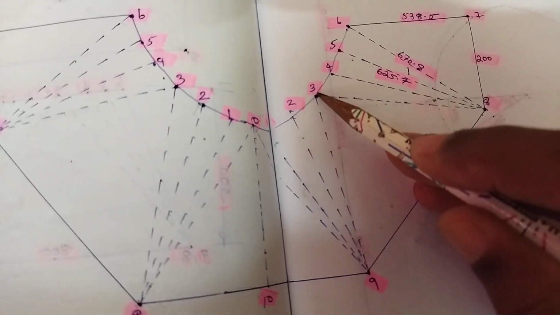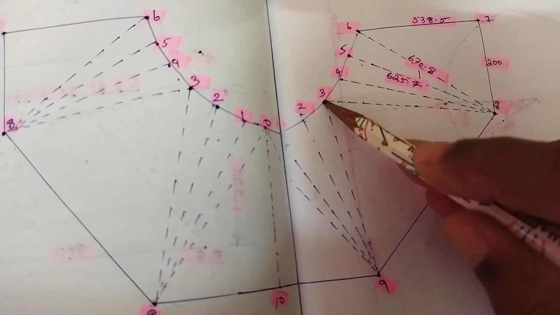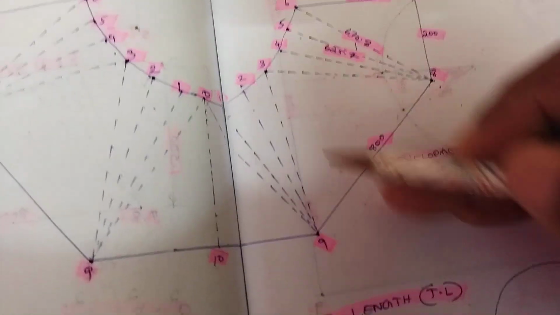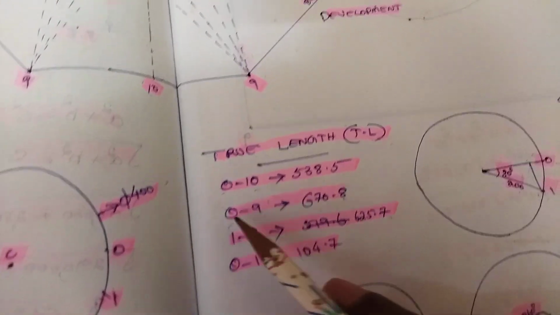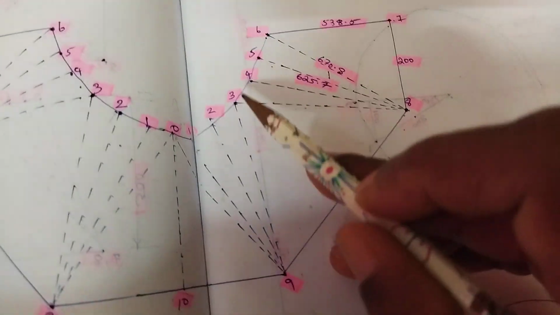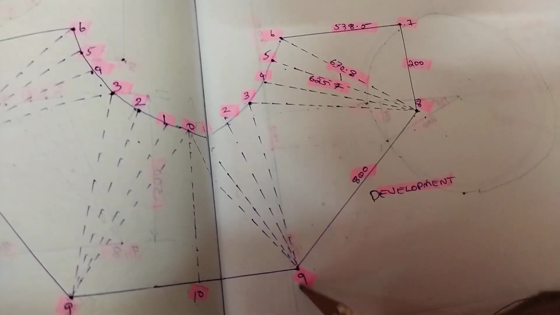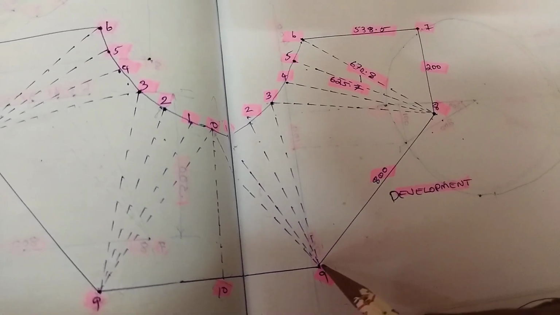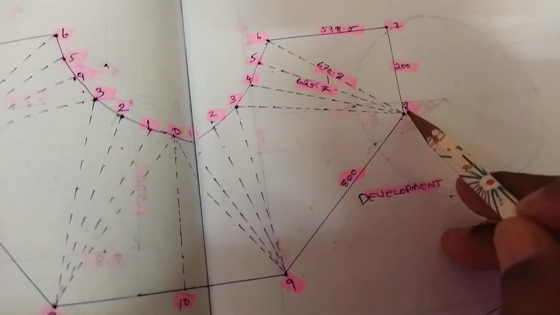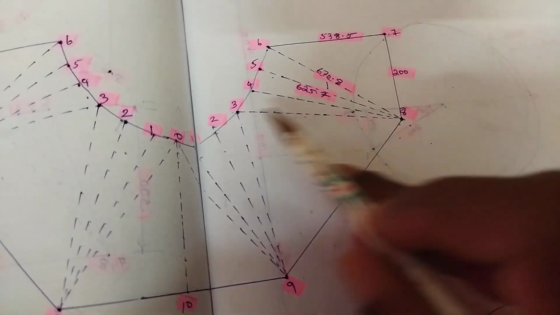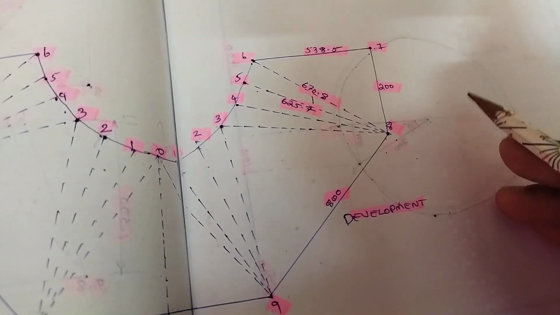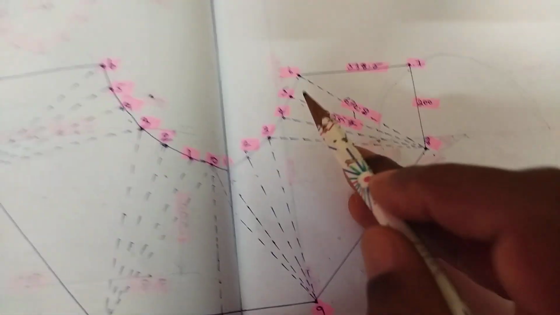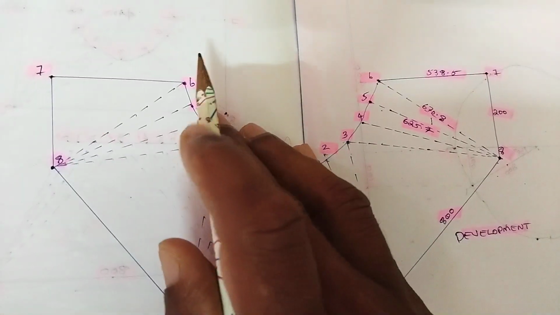Next is 3. For that purpose, this measurement we know. This measurement also we know. 9 to 3 is same as 9 to 0. 9 to 3 is same as 8 to 3. 8 to 3 is same as 8 to 6. If you have drawn these measurements here, the same measurements have to be drawn there also.